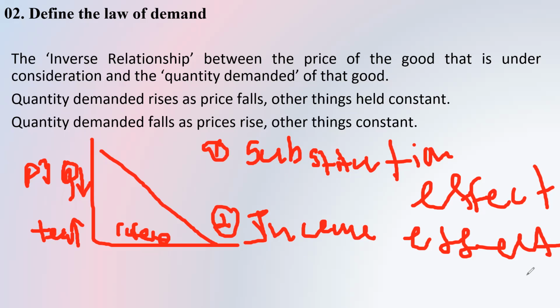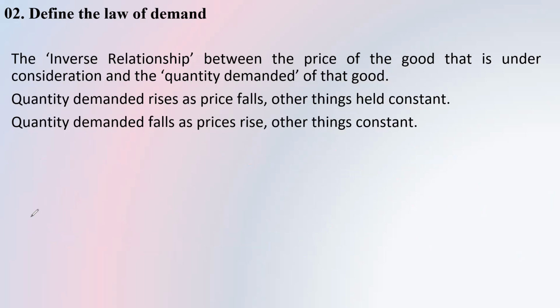But due to the price increase up to 1,000, what will happen now is that we can purchase only one. So due to the increase of price, the consumer's purchasing power will reduce. That we can identify as the income effect.